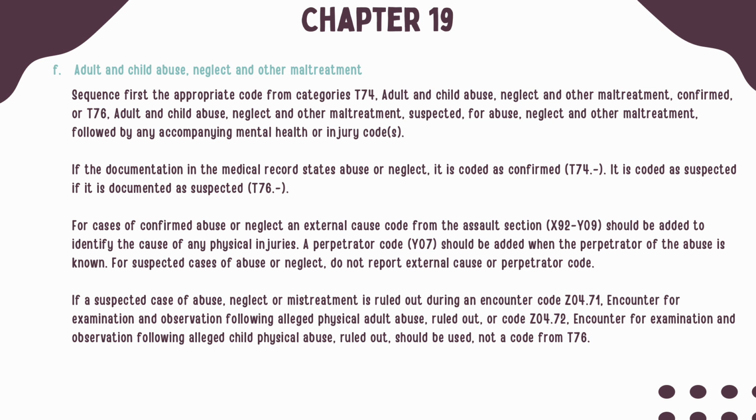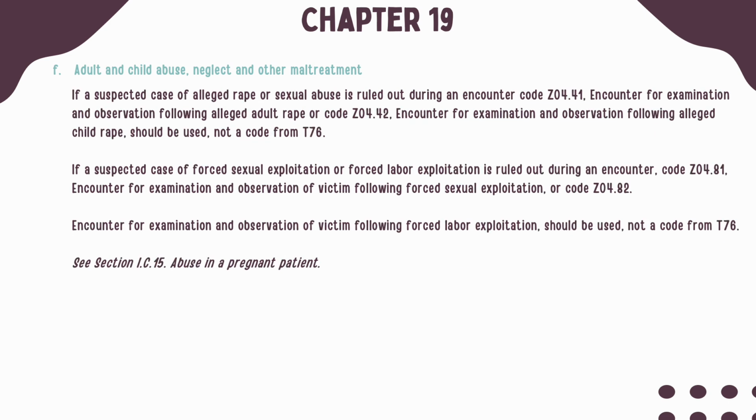And then when a case of abuse, neglect, or mistreatment is ruled out during an encounter, either Z04.71 or Z04.72 should be used. If a suspected case of rape or sexual abuse is ruled out during an encounter, either code Z04.41 or Z04.42 should be assigned.